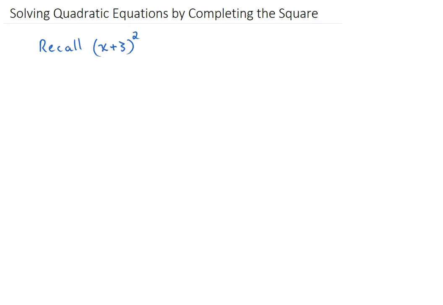What we need to do is actually multiply the base, which is x plus 3, times itself. And then what we get is two binomials being multiplied. So we have to take every term of the first guy times every term of the second guy. So that's going to give us x squared for multiplying the first terms, and then plus a 3x, plus another 3x, and then plus 9.